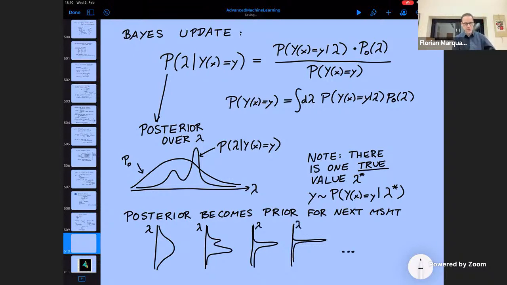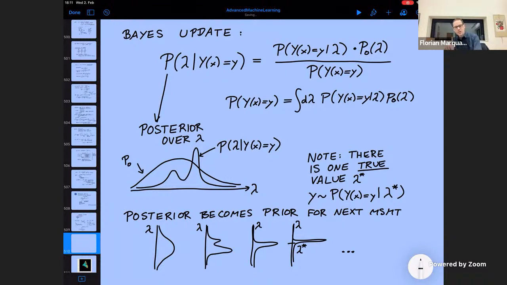Okay, so that's the measurement sequence. And you would hope that the distribution eventually concentrates near lambda star. And when we discussed Bayes, we also had a quick discussion of some mathematical results that indicate, yes, Bayes is consistent. So if you do sufficiently many measurements and nothing really bad happens, then you will concentrate near lambda star.